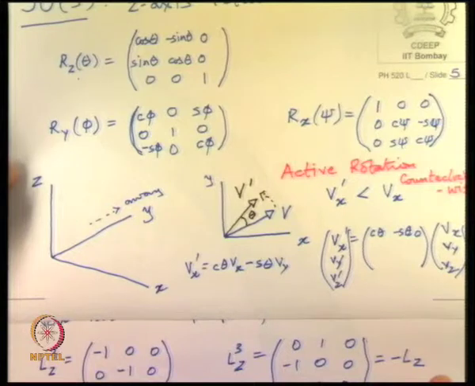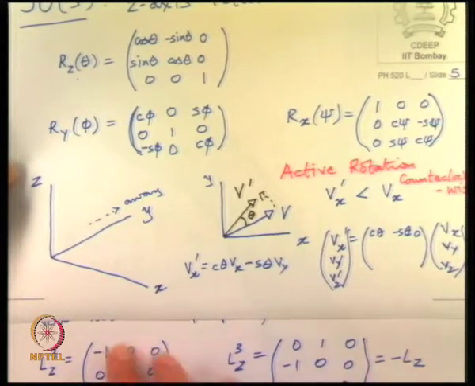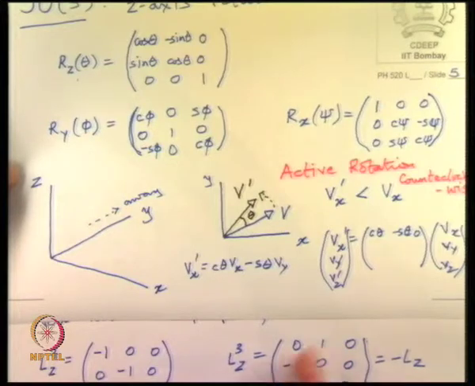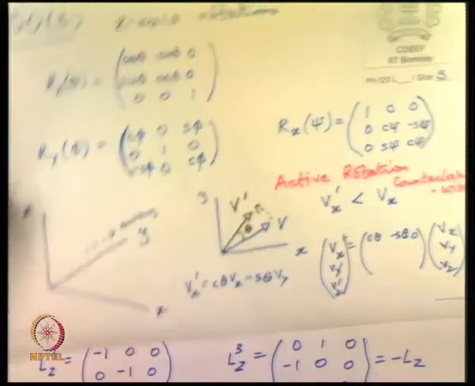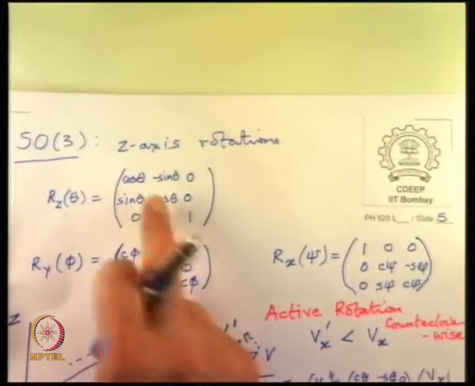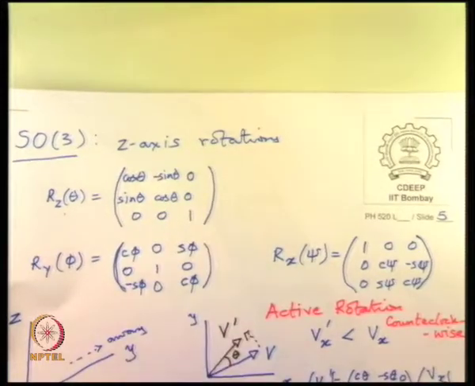So in the upper corner, the even powers alternate plus and minus 1s, and the odd powers are the same as Lz, again fluctuating in sign as you go 1, 3, 5, etc. Right? So if you just raise this to enough powers with theta supplied, you will recover the cosine and sine theta series.